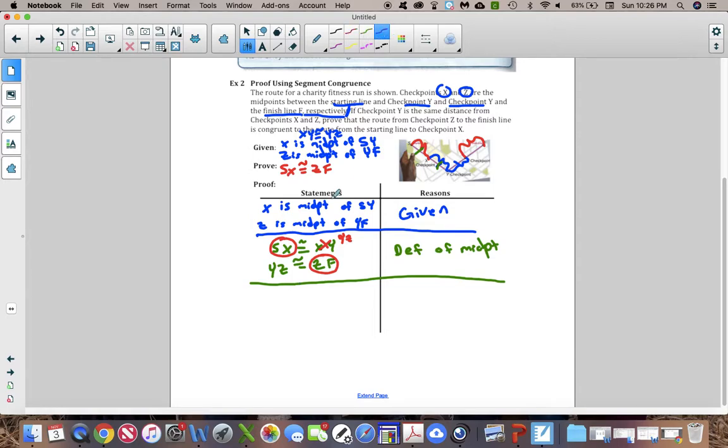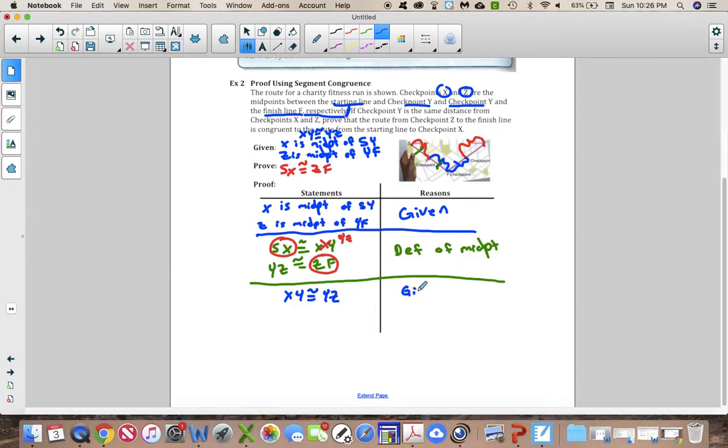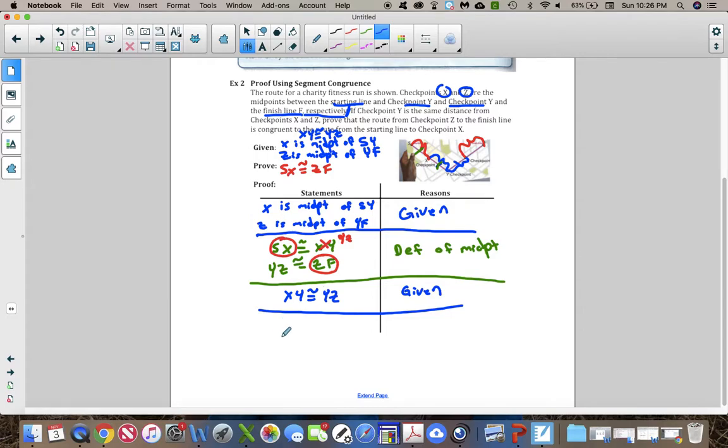I'm going to go back to my given again, and I'm going to say XY is congruent to YZ, and I know that because it's given, right? Now to use that given piece of information, I'm going to do what I just said I was going to do up here. I'm going to change this: ZX is congruent to, instead of it being XY, I'm going to put YZ in that spot.